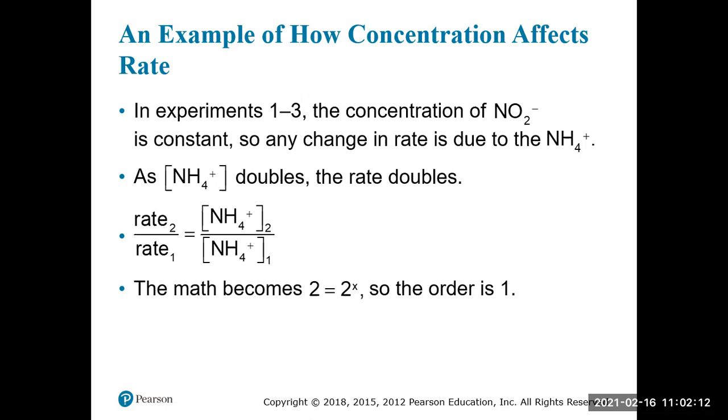Well, 2 to the 1 power gives us 2. So that tells us that the order is 1. It's a first order reaction with respect to NH4 plus. So basically, if the rate doubles when the concentration doubles, that reactant has a rate order of 1.